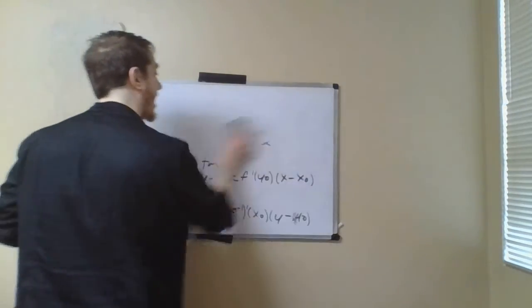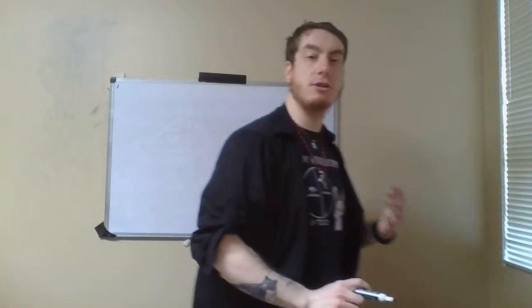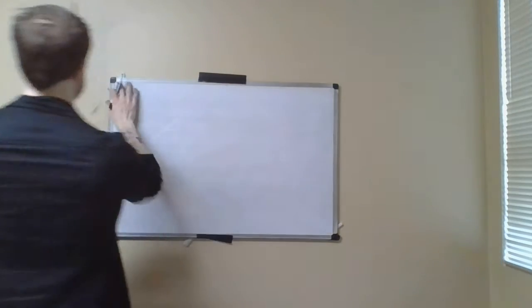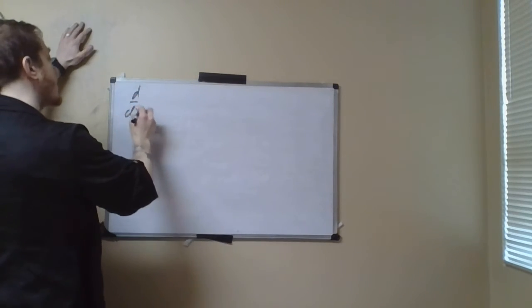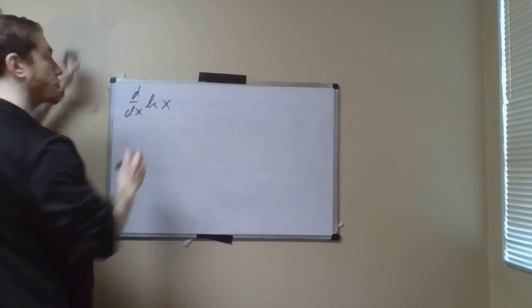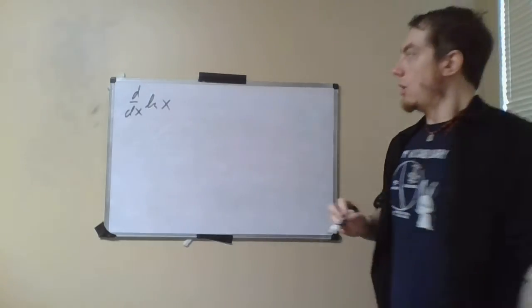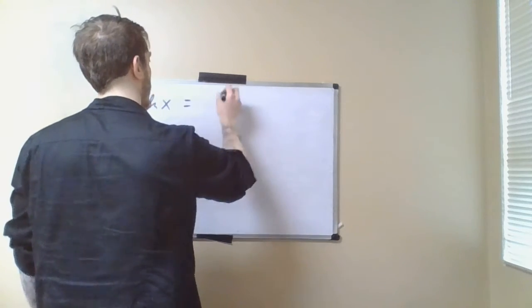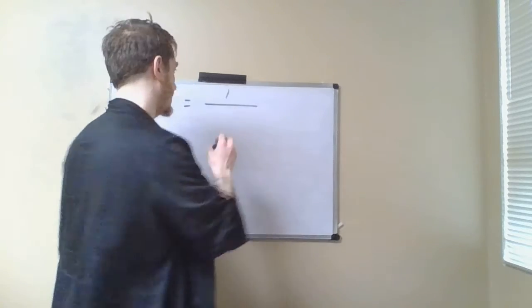So let's take a look at how you can use this formula or these ideas to find some particular derivatives of inverse functions. The first one I want to look at is: what is the derivative of the natural log of x? Well, what we know is that this should be equal to 1 over the derivative.